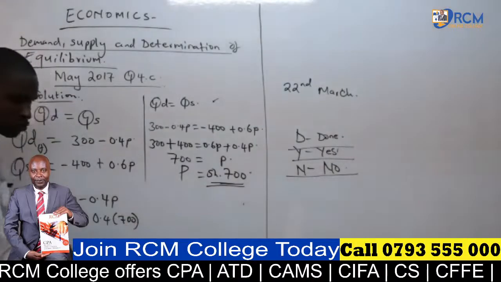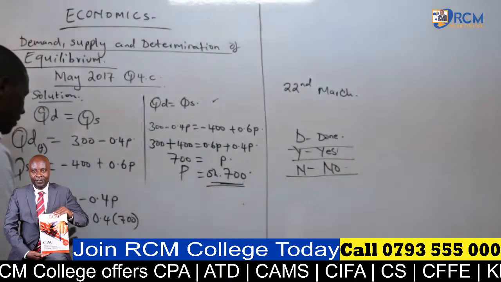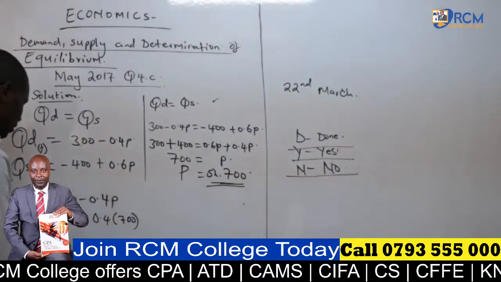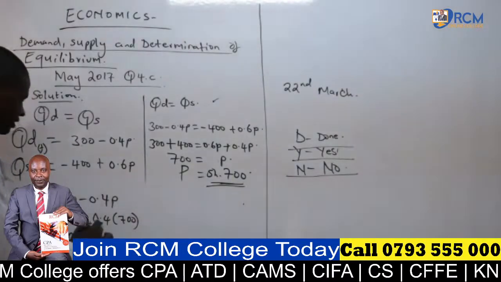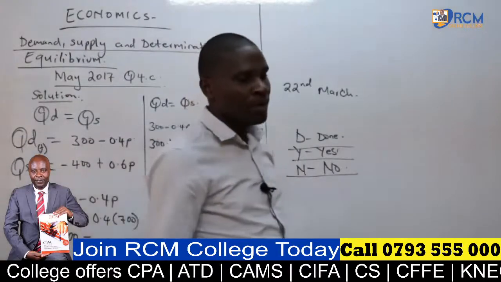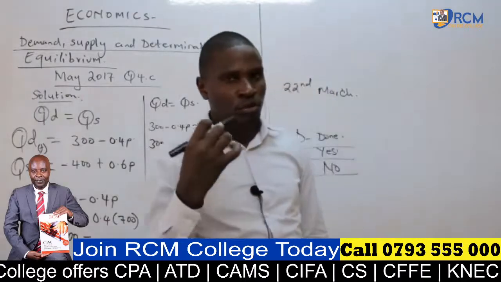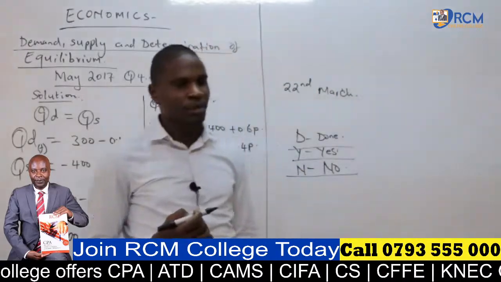We just substitute. Now, can somebody tell me what is 300 minus 0.4 times 700? 0.4 times 700. Pata ngapi?